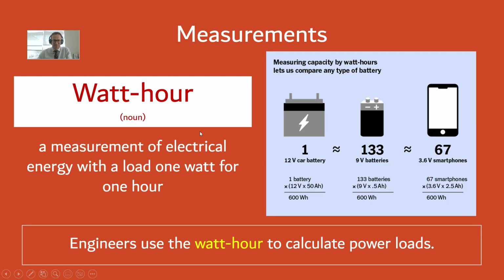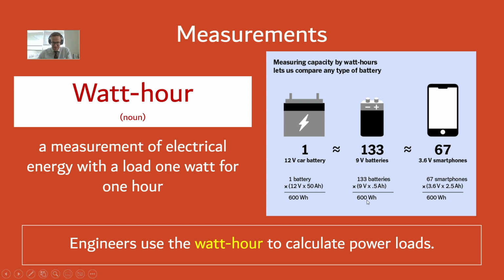Watt hour. So the picture is trying to show that this is a measurement of electrical energy with the load of 1 watt for the hour. For example, a car battery has 600 watt hours, which is the same as 133 9-volt batteries.